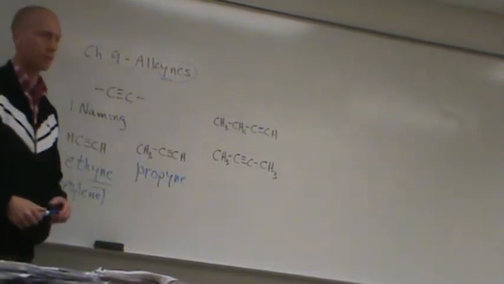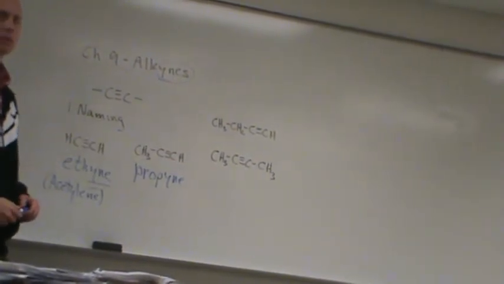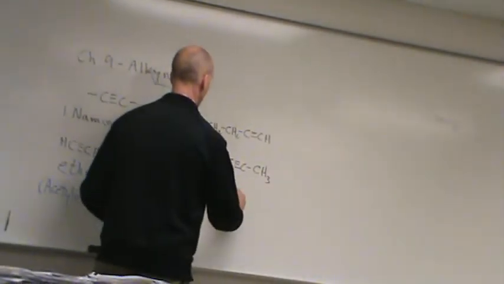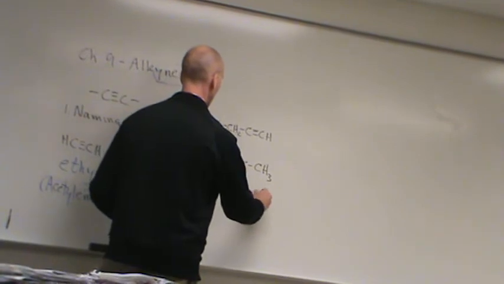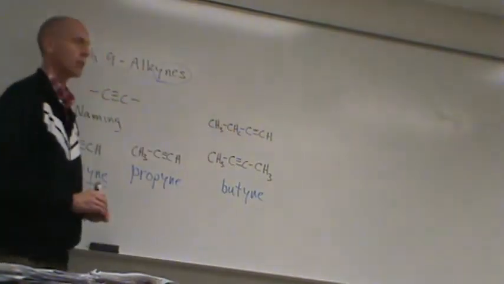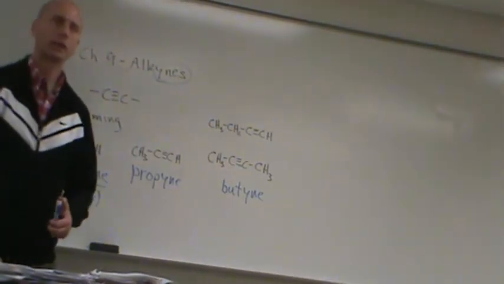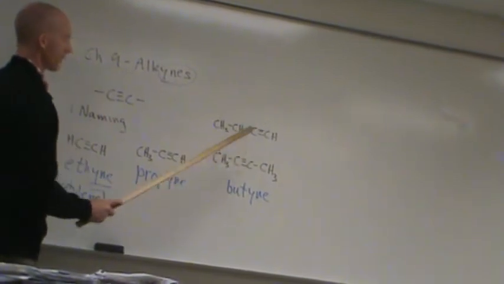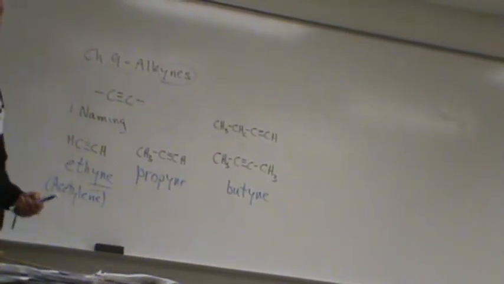What about 4 carbons? Okay. So we get butyne. But if you look, when we get to 4 carbons, you can have 2 isomers of butyne. The triple bond in the middle or on the end. So now we have to use what? Numbers.